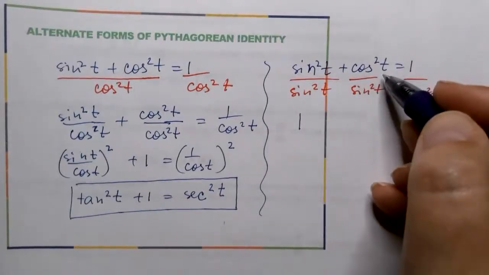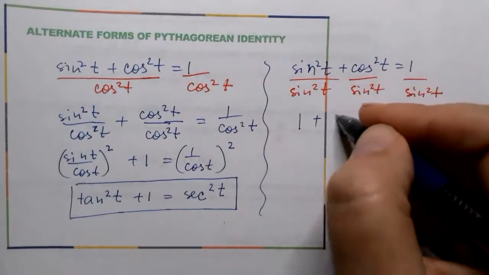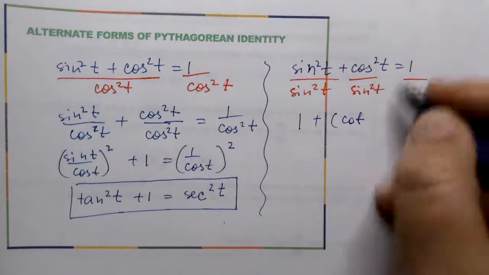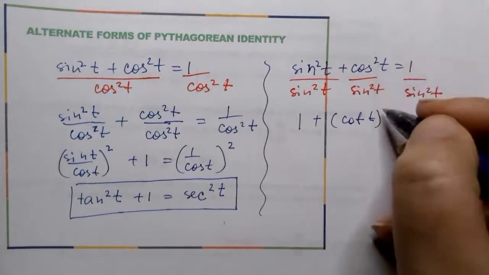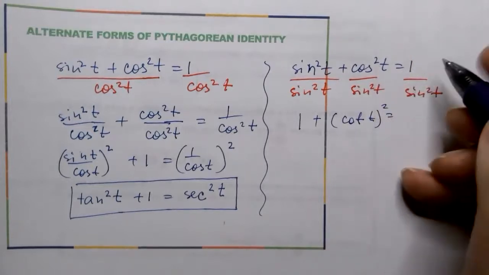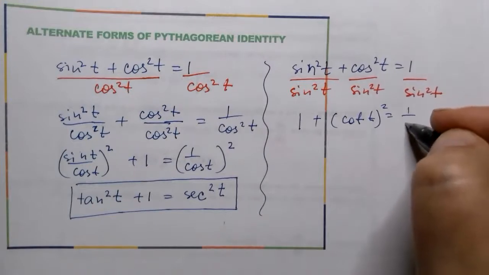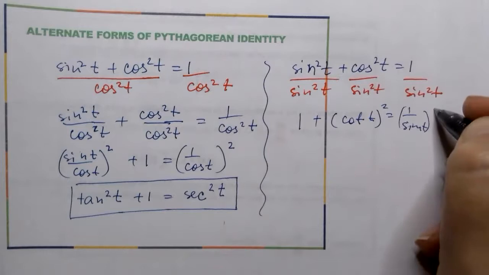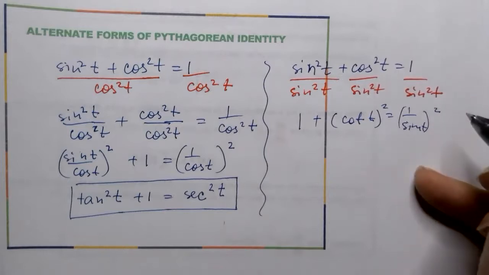Now cosine squared over sine squared is your cotangent squared, and 1 over sine squared t.